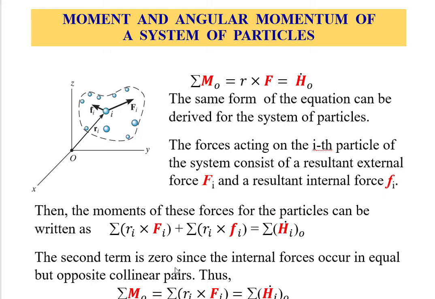So we'll end up with the summation of all the moments acting on every particle being equal to the summation of the moment of these forces, where Fi is the resultant force. That's equal to the summation of all the derivatives of angular momentum.